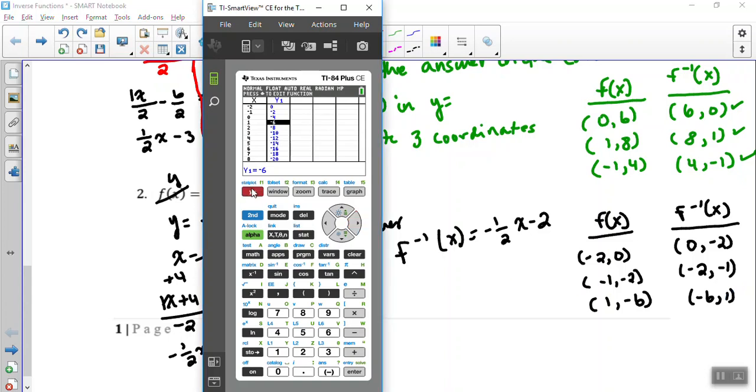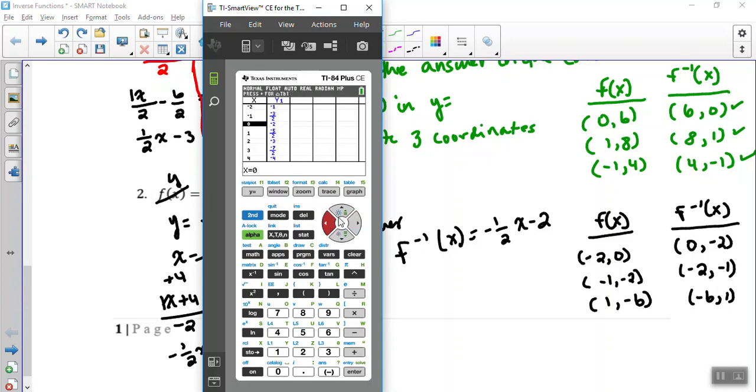Okay, now I'm going to go to y equals, I'm going to plug in my answer here. So you have negative 1/2 x minus 2. And I'm going to go to my table. I'm just going to confirm, does 0 go to negative 2? Yes, it does.